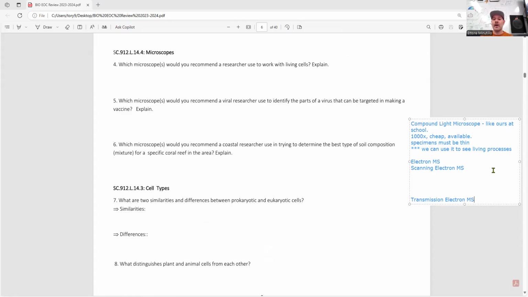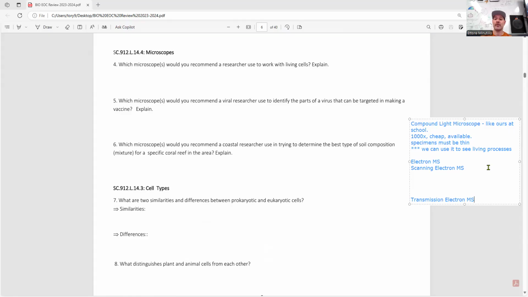Now, these two work in similar ways. Instead of shining light onto what it is that we're looking at, we blast electrons at them. The reason for this is electrons are very small and their wavelength is smaller than the wavelengths of light that we would be using, meaning that we can fit more of them into these super tiny areas and therefore zoom in farther and still be able to get a picture.